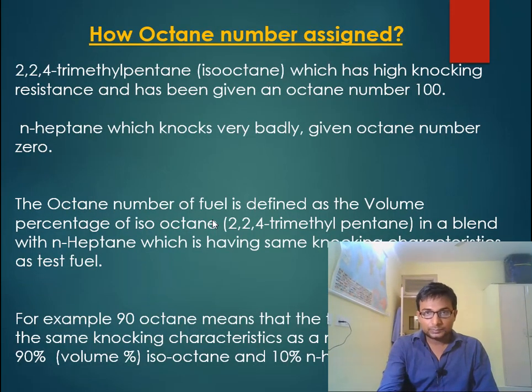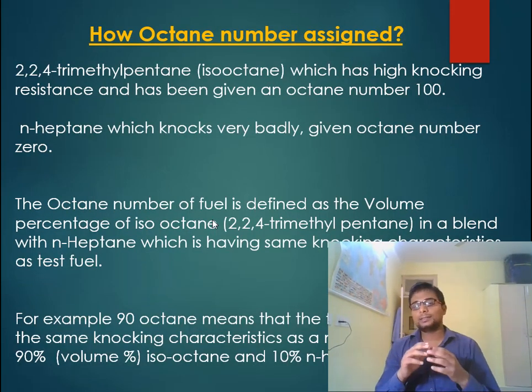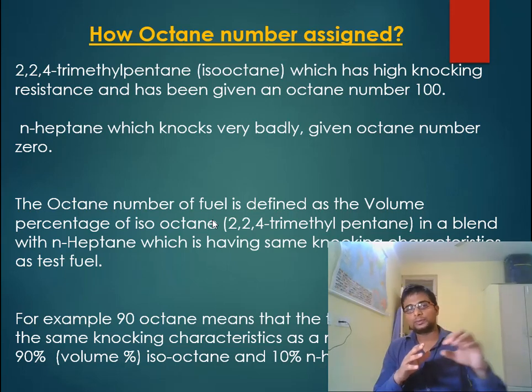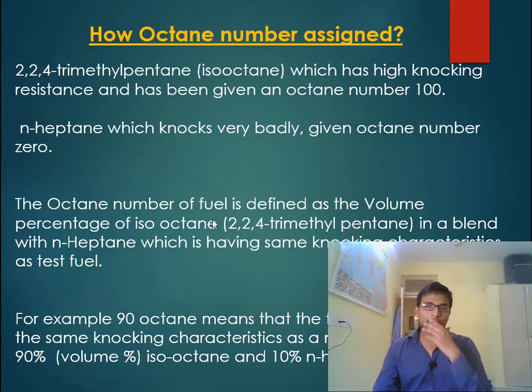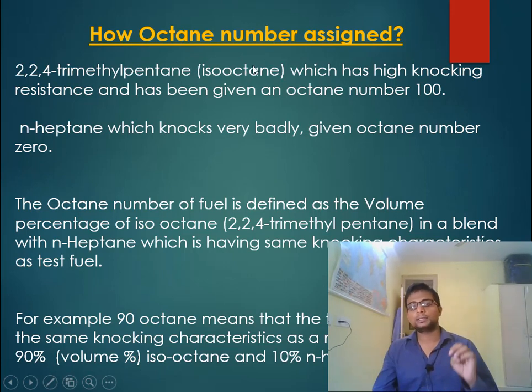Okay. So let us understand how octane number is assigned for a given fuel. Basically, different types of fuels had been tested for anti-knocking resistance, and what they found is that isooctane has very good knocking resistance.